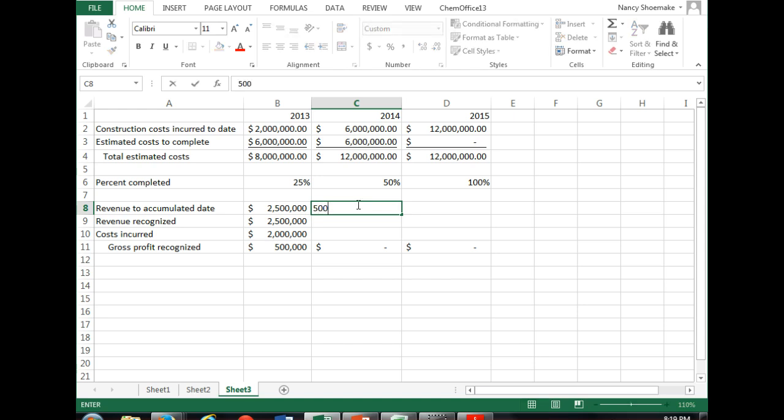Or $5 million? How much revenue was recognized in this period? 2,500,000. How many dollars of cost were incurred during this period?